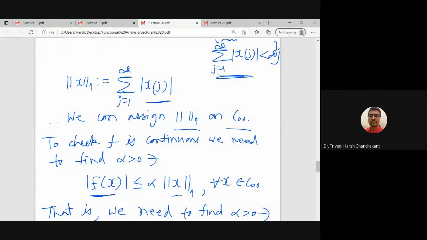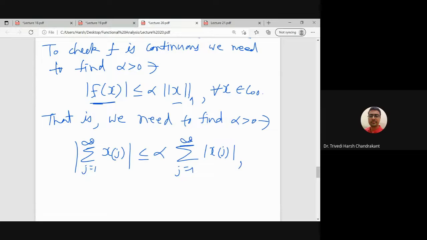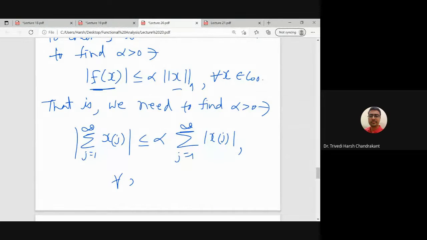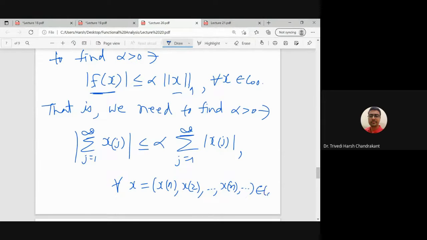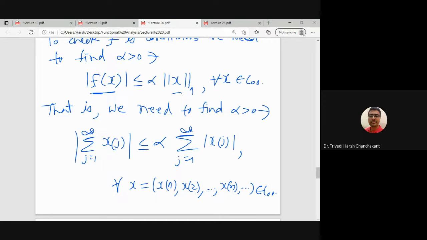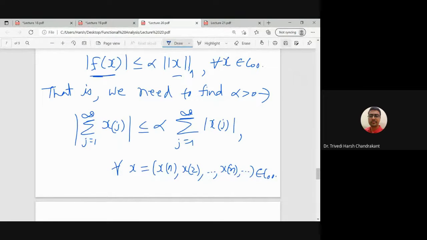That is the summation of modulus of xj, j from 1 to infinity, for all sequences x equals x1, x2, ..., xn, ... which are elements of c00. We need to find such an alpha.